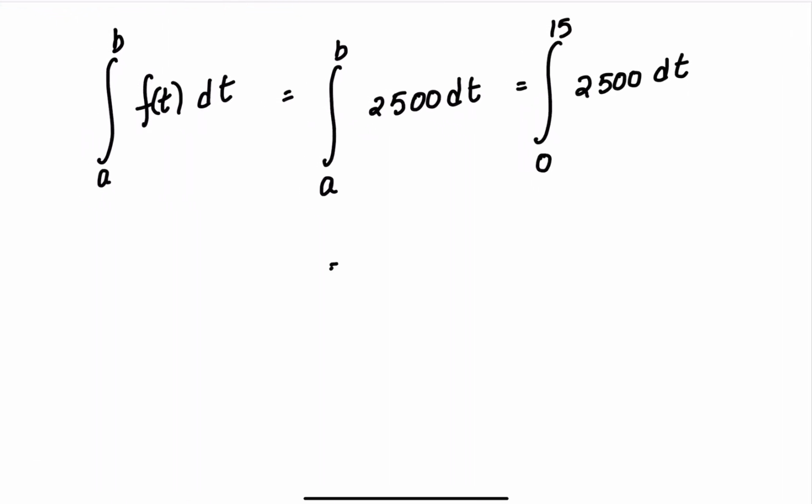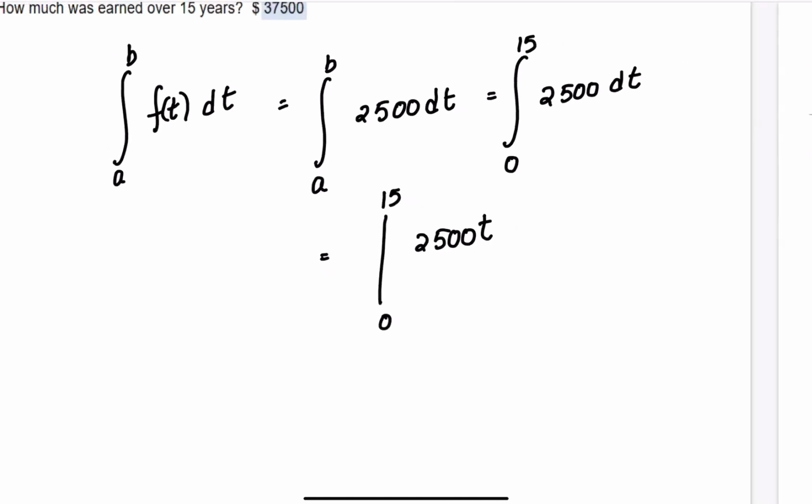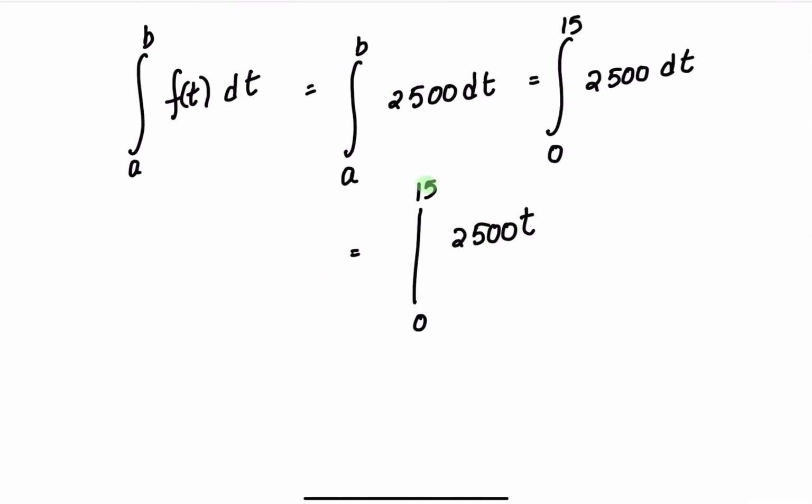Finding the integral, it is going to be 0 to 15. Integral of 2,500 is 2,500 t. And again, once I have this, I will plug in my upper value and subtract from the lower one. Because the lower one is a 0, I don't have to put that. This is simply going to be 2,500 times 15, which is 37,500.